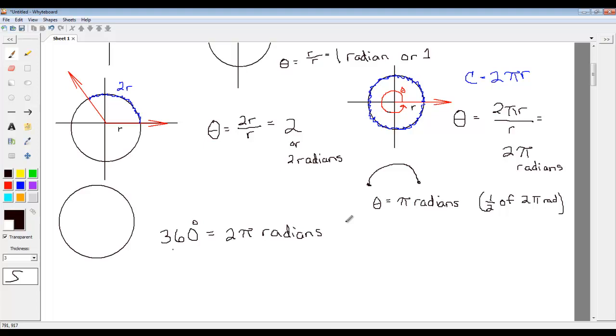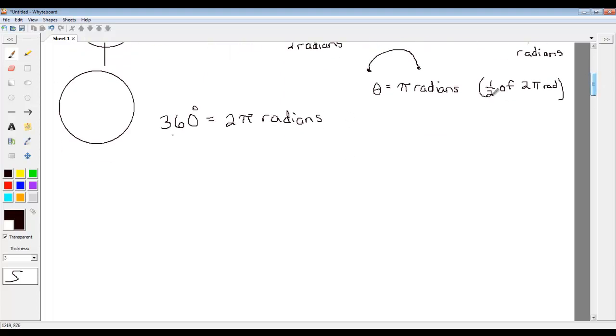So let's say we want to do some converting. Let's say we want to convert from radians to degrees or degrees to radians. Well, if you divide both sides by 2 pi, you get 180 degrees over pi.